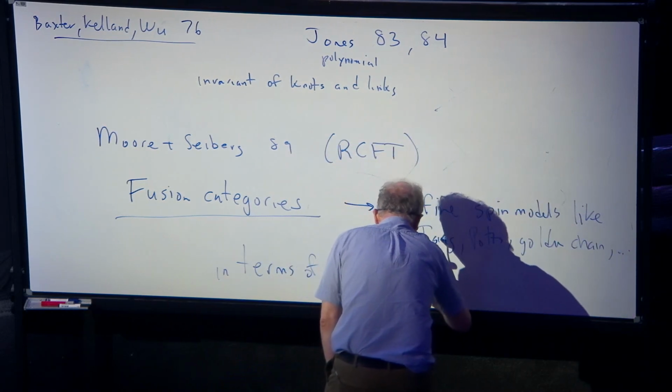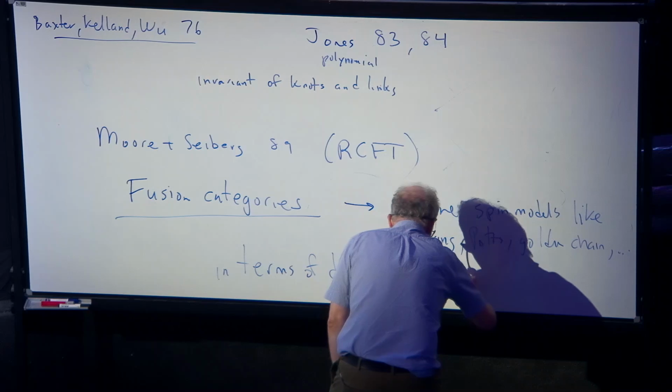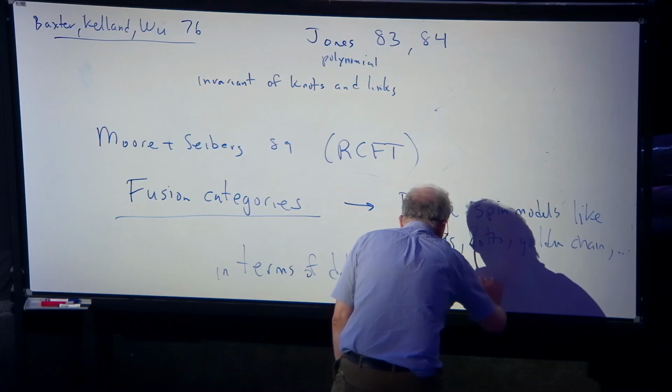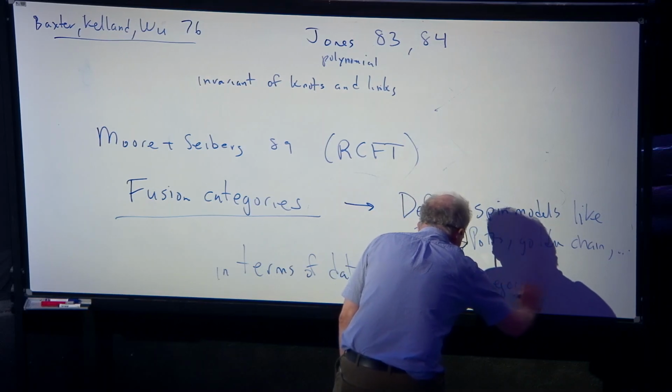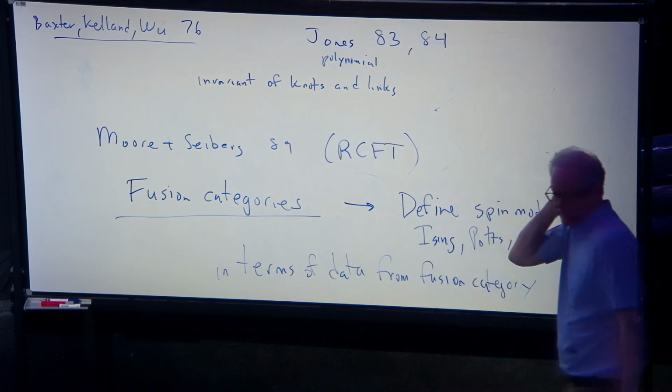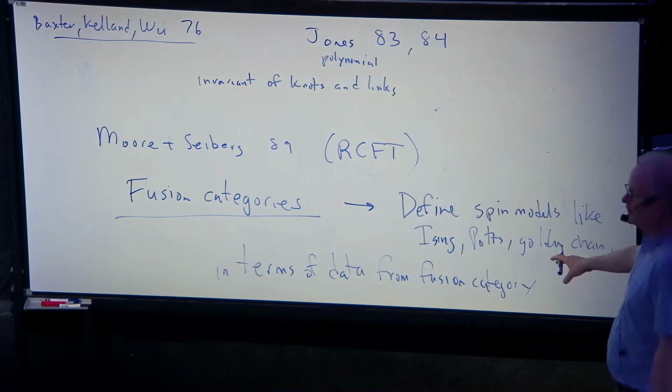I'm going to tell you what the data is. But this is some mathematical object with all sorts of interesting stuff, and you can define these spin models in terms of it.